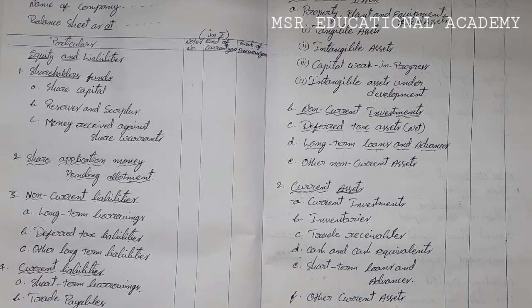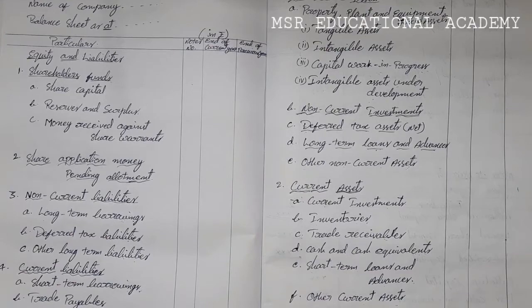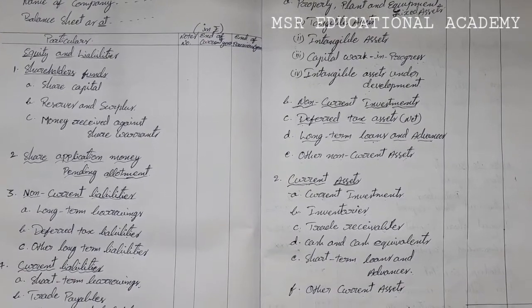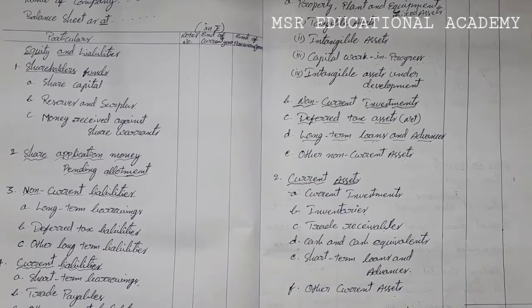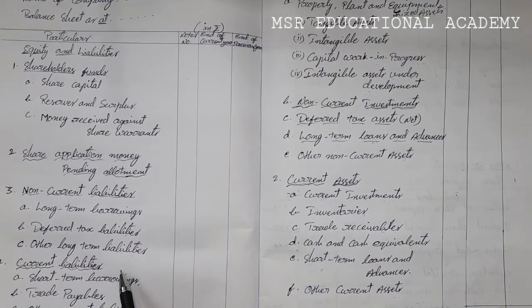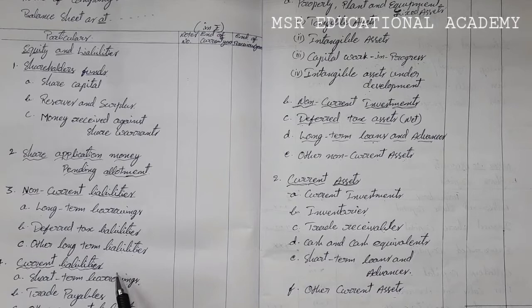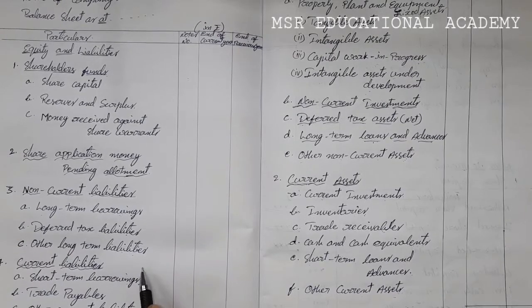Like this, so on up to the end of the balance sheet. If there is any particular related item, then only can you write that head in the examination, otherwise no need to write these particular heads.